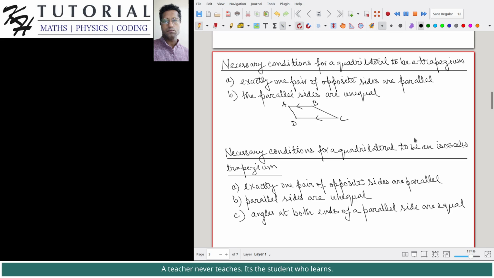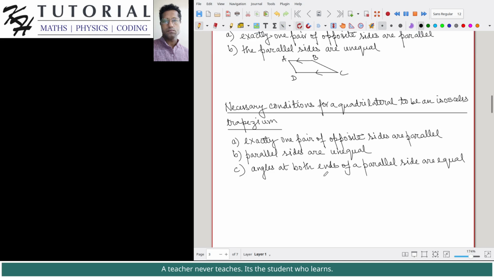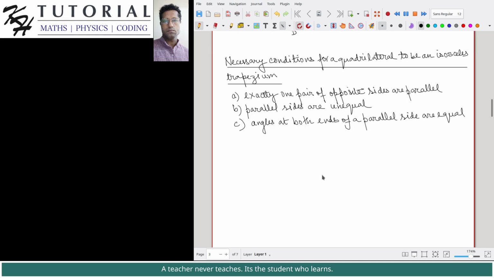Now the necessary condition for a quadrilateral to be an isosceles trapezium is that if in a quadrilateral ABCD, the side AB is parallel to its opposite side CD but they are of unequal length, and we see that the two angles at the ends of each base are equal, that is AB is a base and DC is a base, if angle A is equal to angle B, then also we can say that ABCD will be an isosceles trapezium.